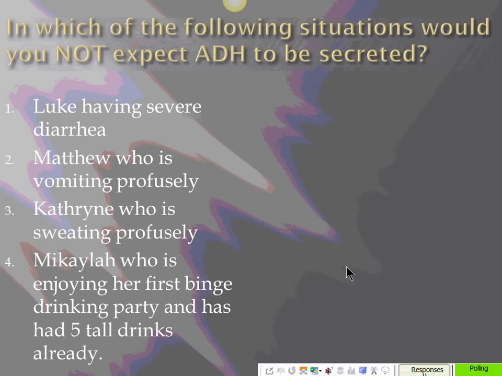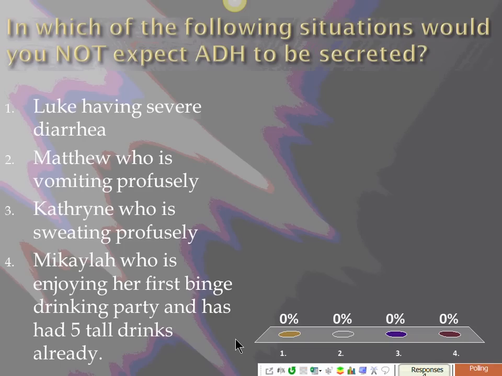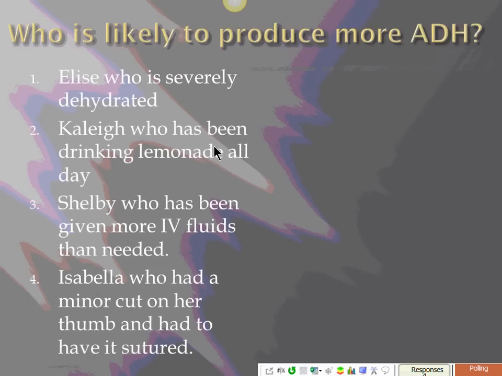In which of the following situations would you not expect ADH to be secreted? Excellent, yes, because alcohol by itself, and even if she was just drinking a lot of lemonade, just fluid, it wouldn't be secreted then.